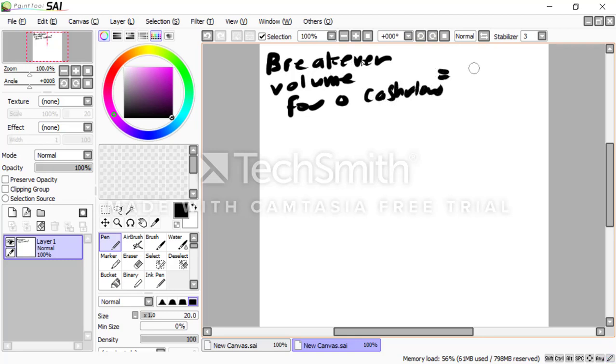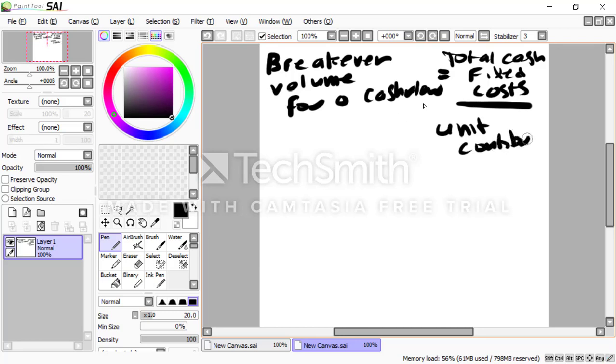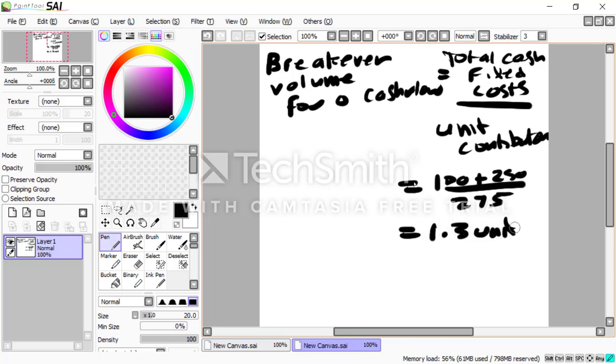And that's equal to total cash fixed costs over unit contribution, and that equals the $100 from advertising plus $250 from the loan over 275 unit contribution, and that gives us 1.3 units per month.